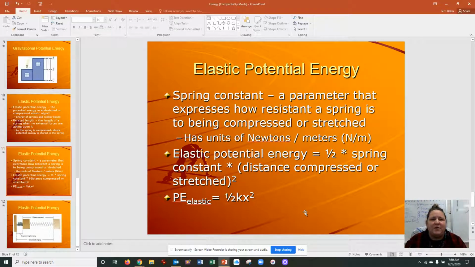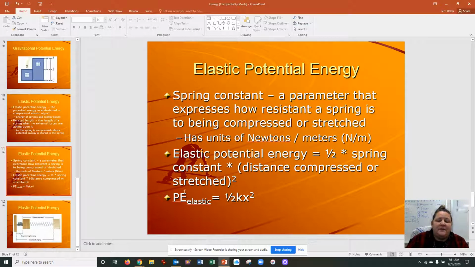So we come up with a spring constant. A spring constant is basically you're accounting for what the spring is made up of. It's a parameter that expresses how resistant a spring is to being compressed or stretched. So the elastic potential energy is 1/2 multiplied by the spring constant multiplied by the distance it's either stretched or compressed.